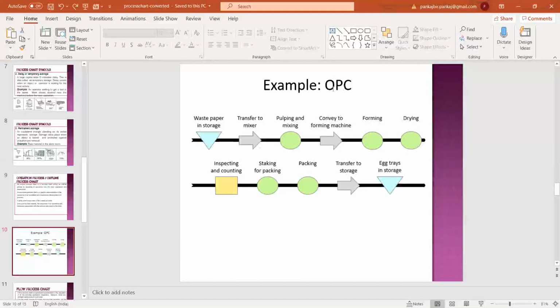And an elaborative OPC also represents the time taken between two consecutive activities, and different kinds of tools or other equipment used for the operations during this process.